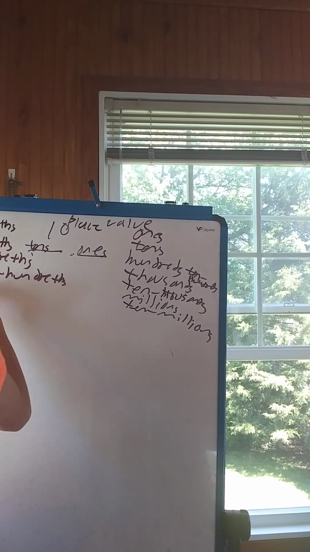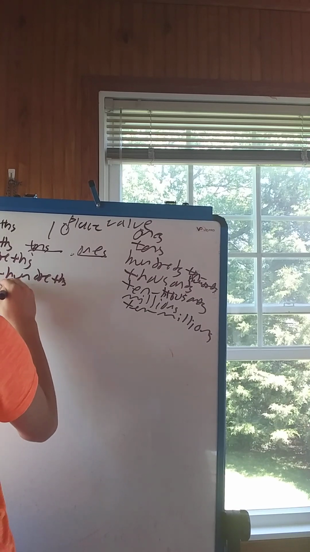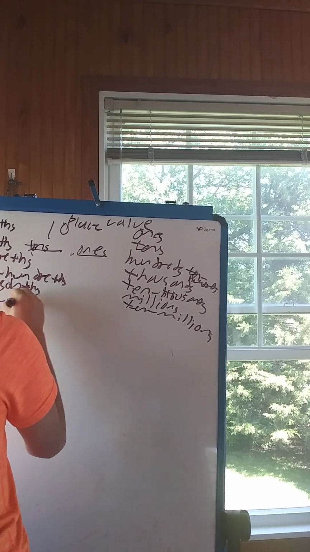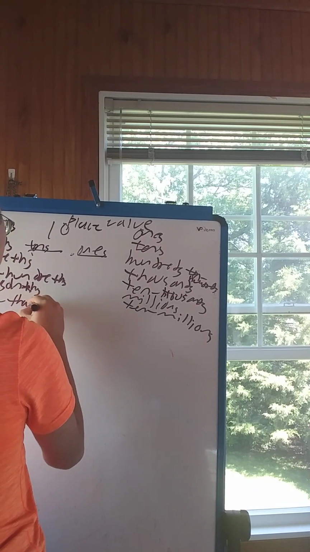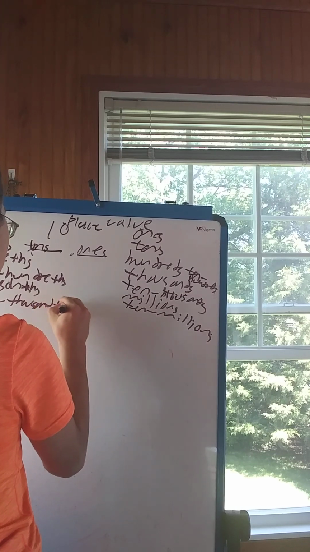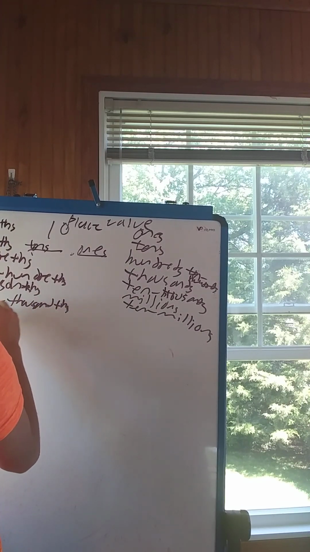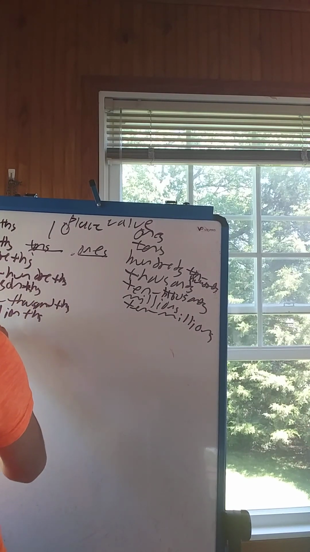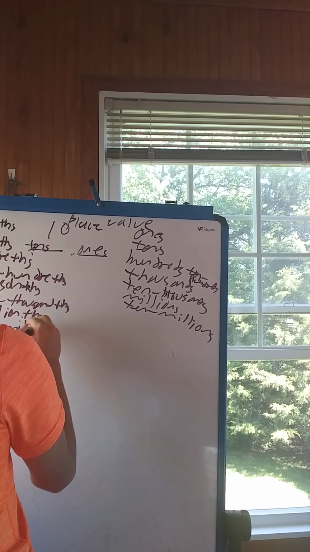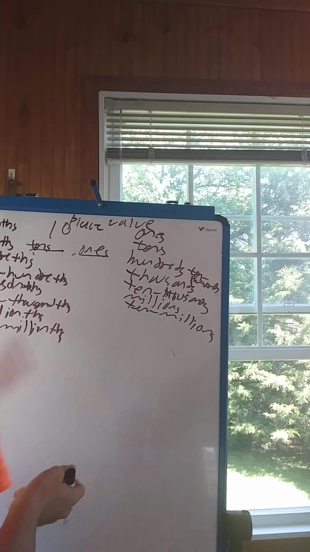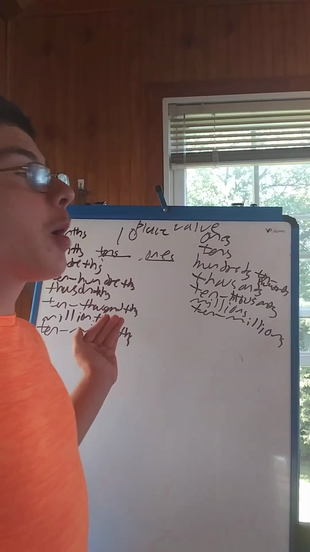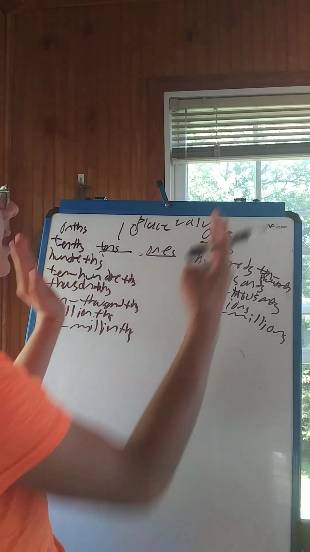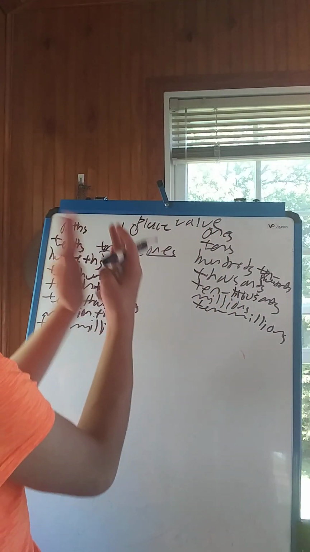And then thousands, ten thousands, millions, 10 millions. Okay, so with this, from over here, we're starting on the left, moving to the right. Here we're starting on the right, moving to the left.